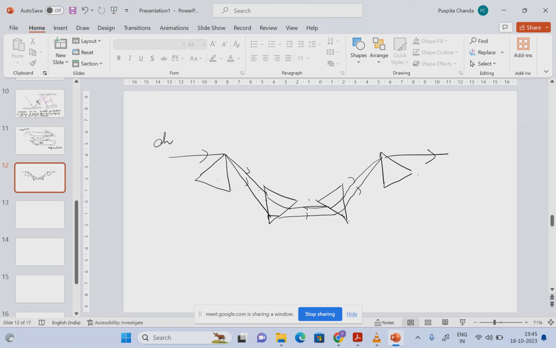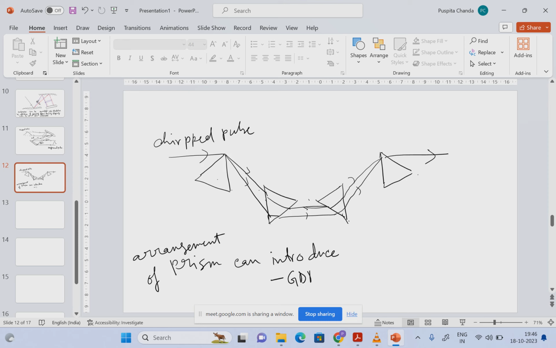This is the sharp pulse. So we know that an arrangement of prisms can introduce negative GDD.